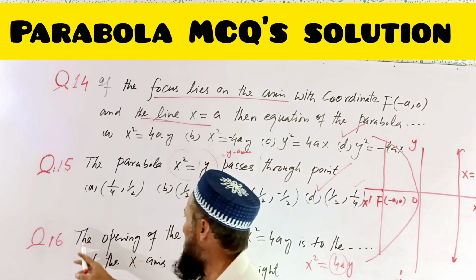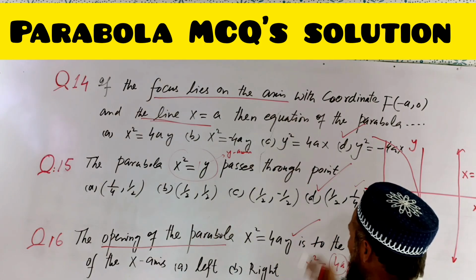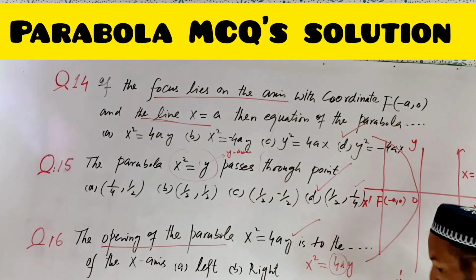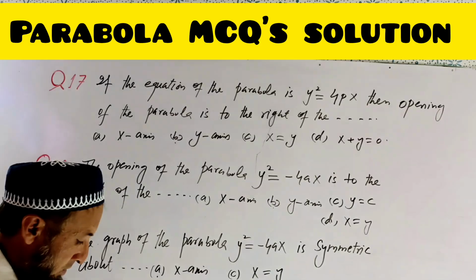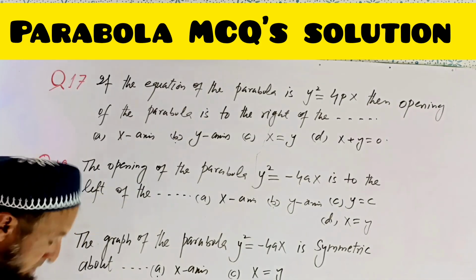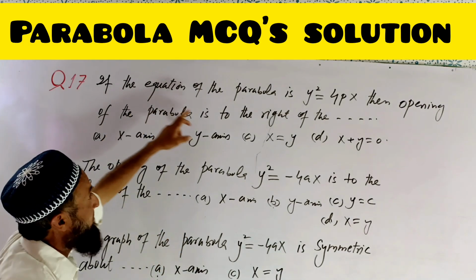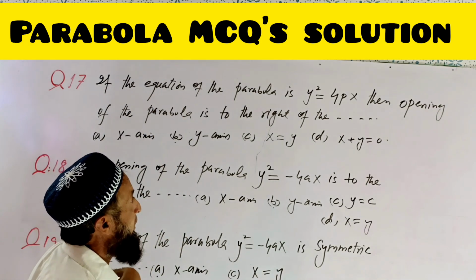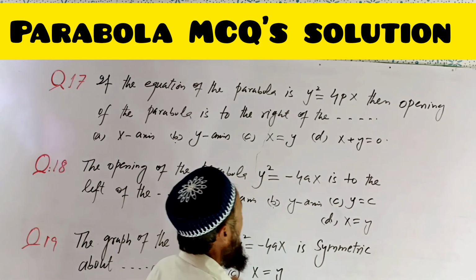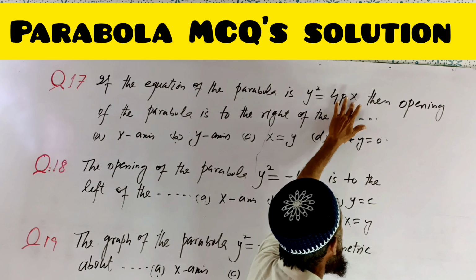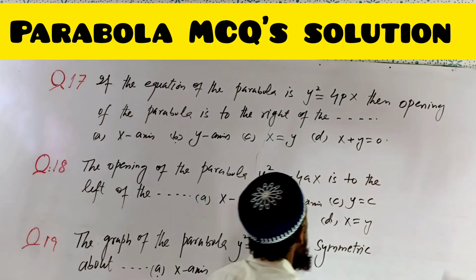Question number 16. The opening of the parabola along the x-axis, along the y-axis. Now question number 17. If the equation of the parabola is y square is equal to 4px, the parabola is making along the x-axis, and the opening of the parabola is to the right side.